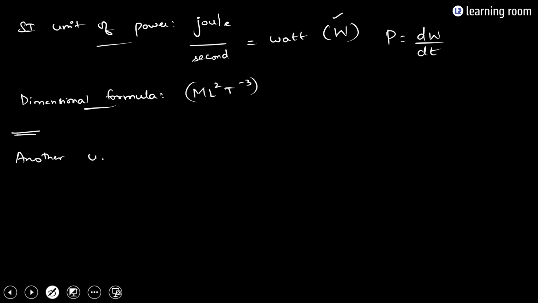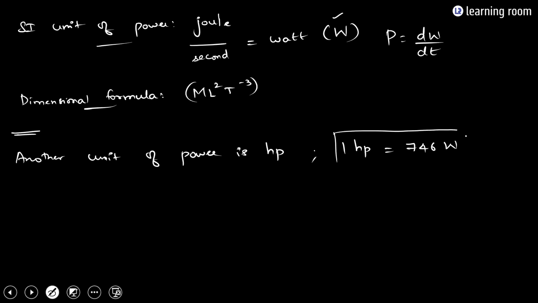Another unit of power is horsepower, and 1 horsepower is defined as 746 watt. So this is the power used to express the output of motorbikes and everything.